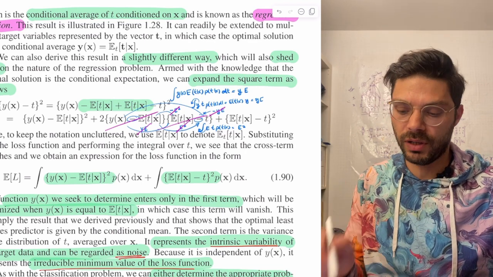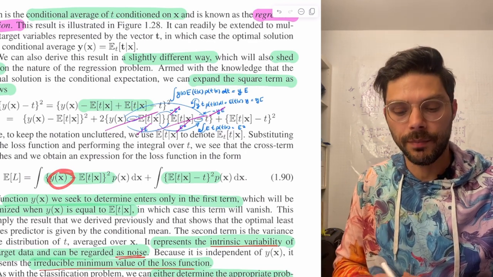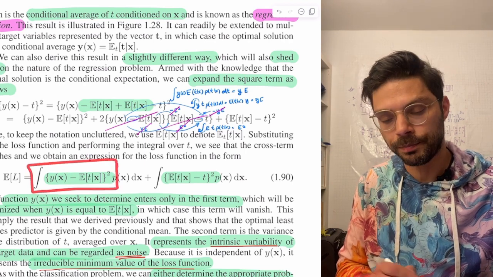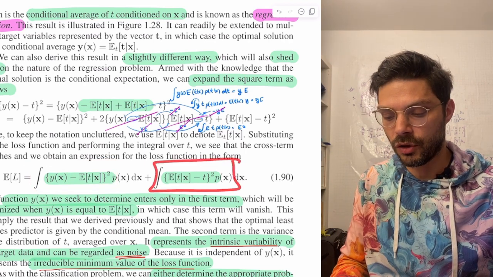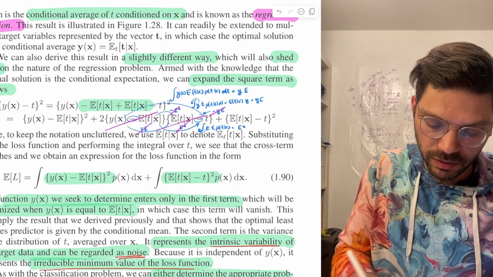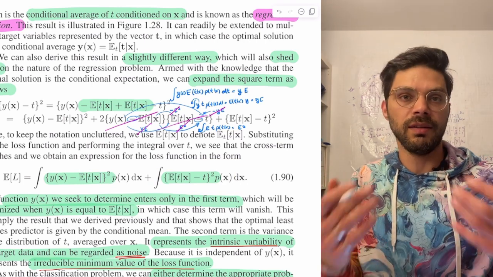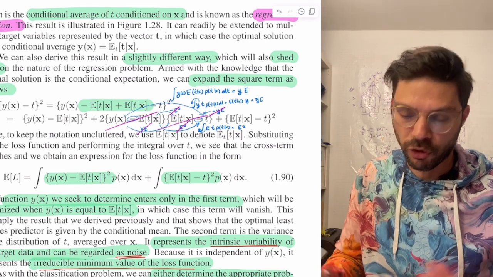And now what's interesting about that is that your regressor only shows up in this term. So this term is a noise term. It's some amount of loss that you have to incur because t has some intrinsic variability to it.